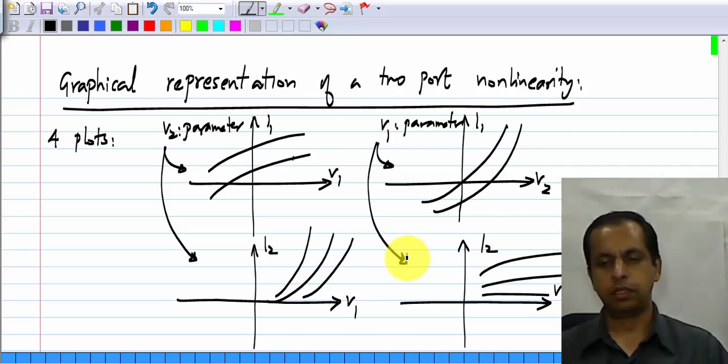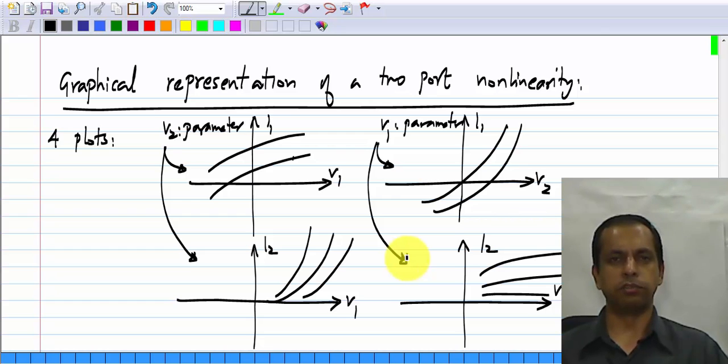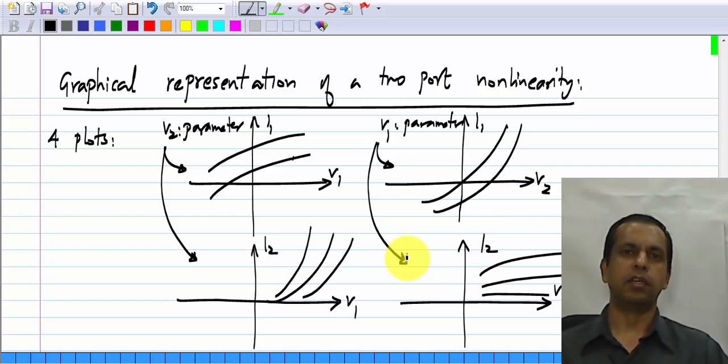So, this is how we can graphically show the current voltage relationships of a nonlinear 2-port or any 2-port. We can also do it for a linear 2-port. In case of a linear 2-port, these curves will be straight lines. That is all. This is just like the IV characteristic of a resistor, which will be a straight line. IV relationships of 2-port will also consist of 4 plots, but all plots will consist of straight lines.